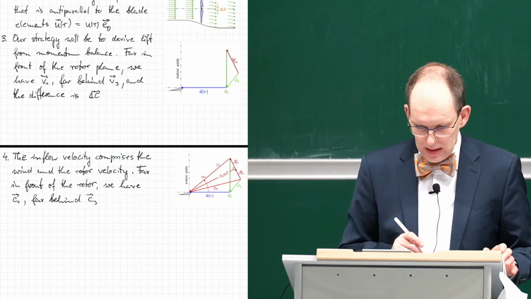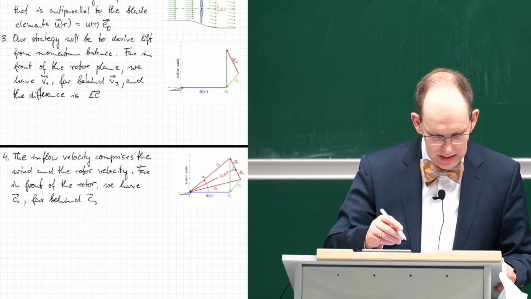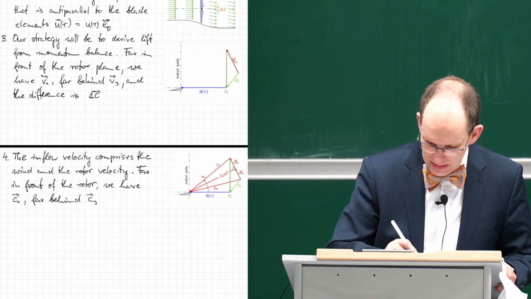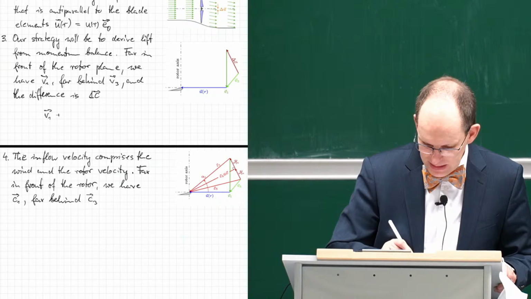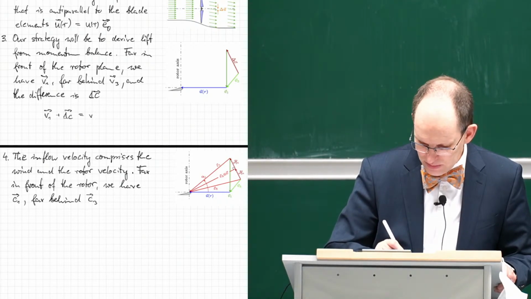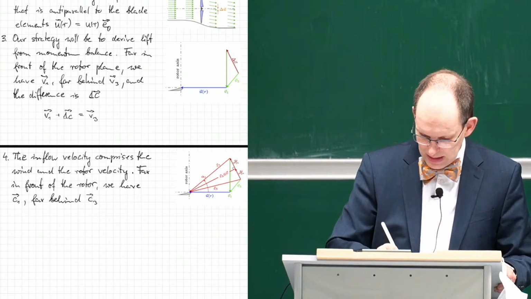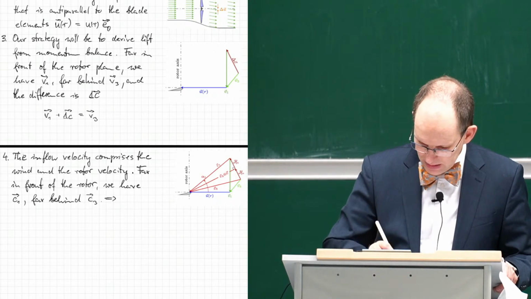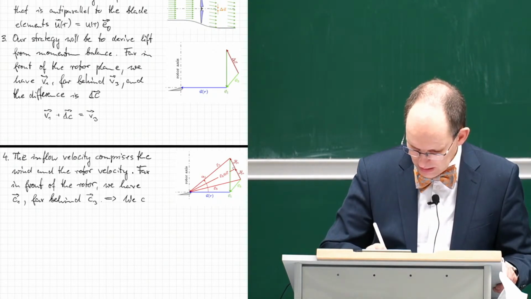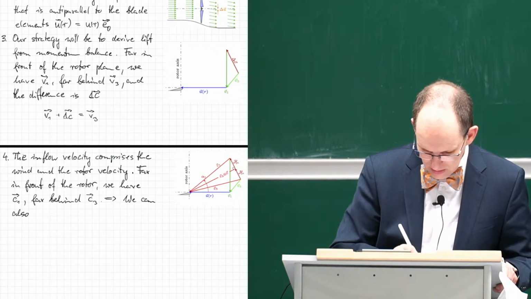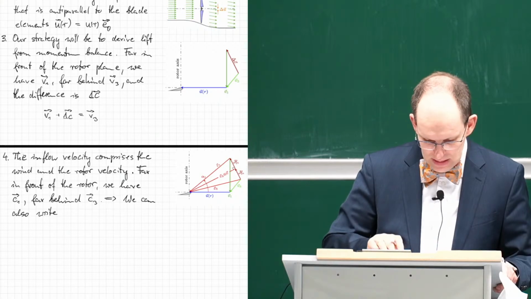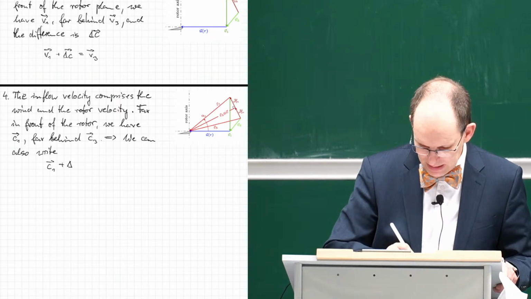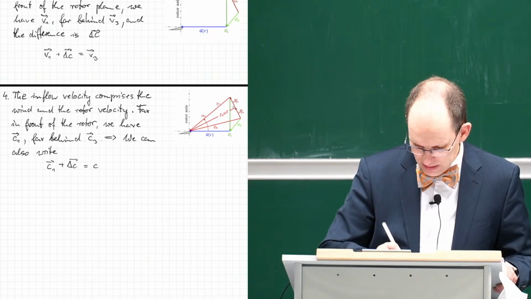And therefore, what follows from here is, of course, that V1 plus delta C is equal to V3. And what we see here is we can also write that C1 plus delta C is equal to C3.